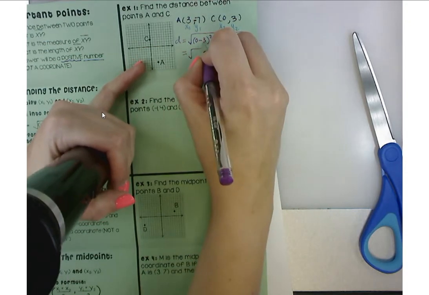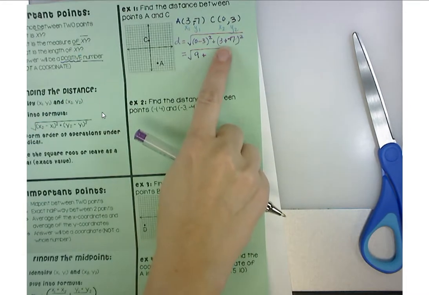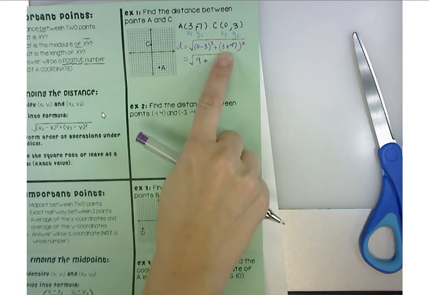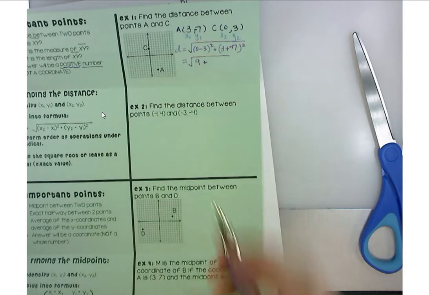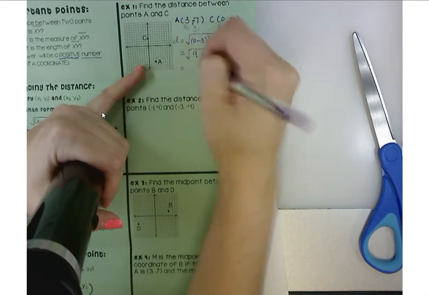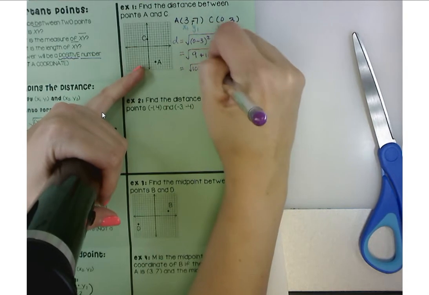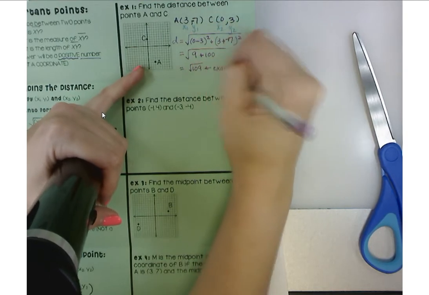So this is going to be -3 squared, which is going to be 9, and then plus, and then 3 plus 7 is what? 10. 10 squared is 100. Okay, so if I add those together, 109, this would be an exact value.